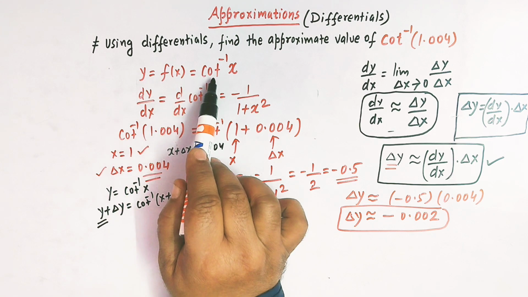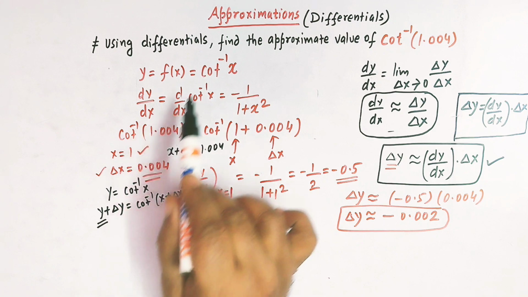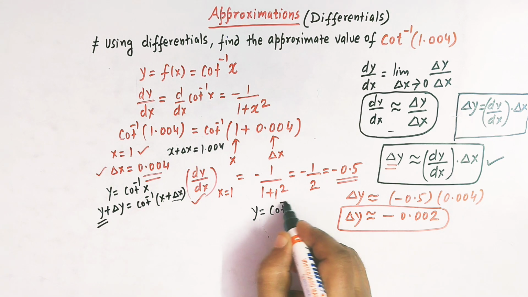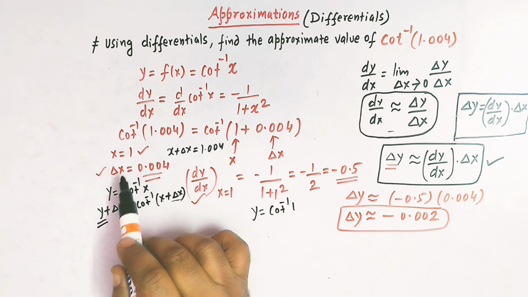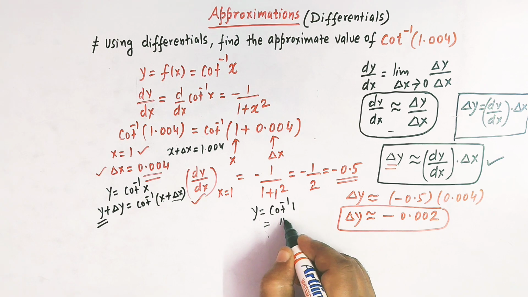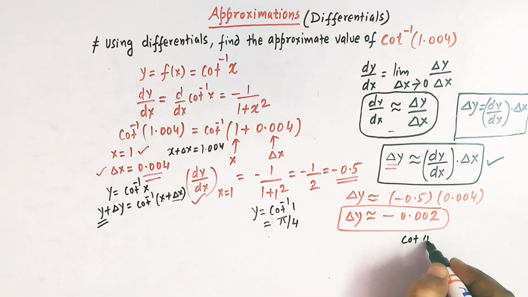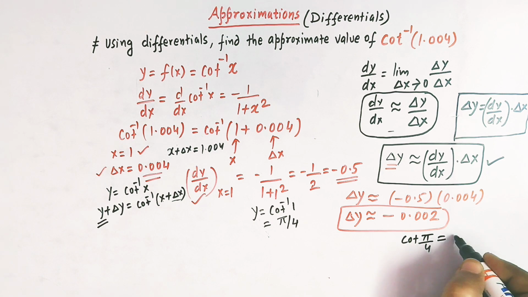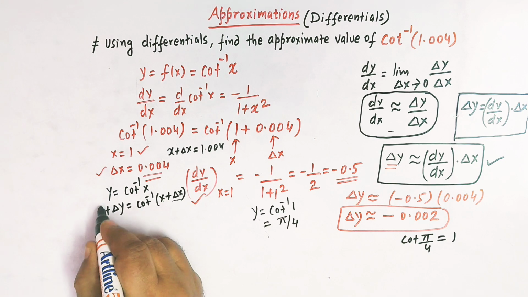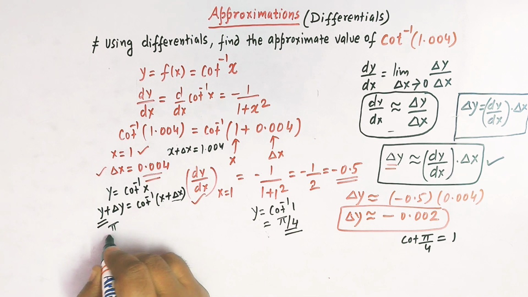Now the value of y can be obtained from y equal to cot inverse x by taking x equal to 1. So y is equal to cot inverse of 1, and cot inverse 1 is pi by 4, because cot pi by 4, that is cot 45 degrees, is equal to 1. So for y we can now write pi by 4.